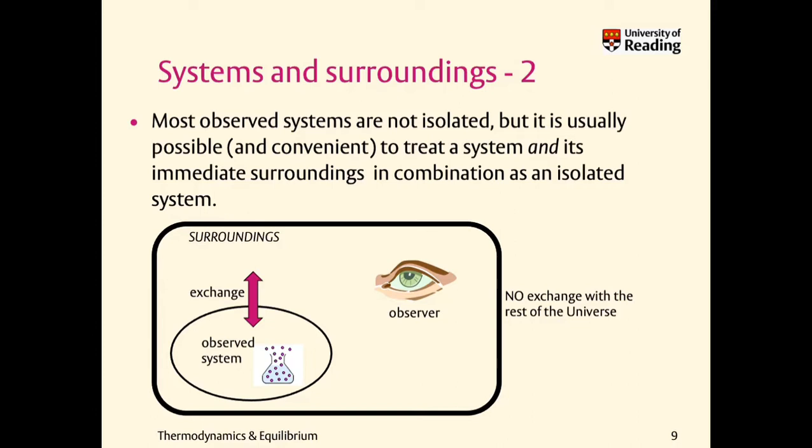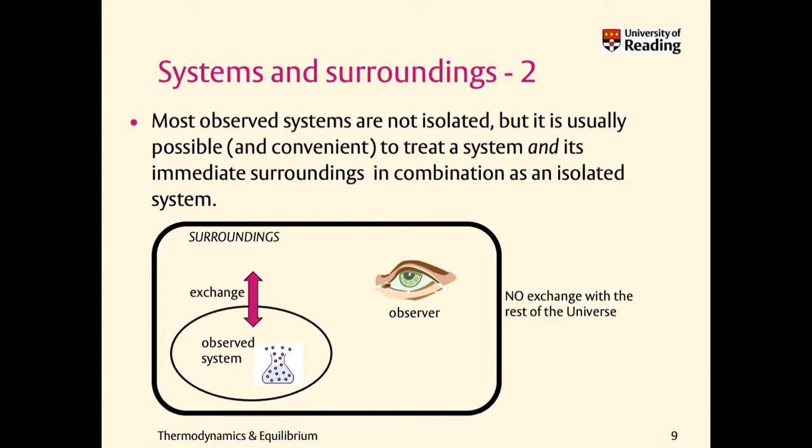Most observed systems are not actually isolated, as you know. When you think about an experiment that you would do in a laboratory, you know that that system isn't isolated, if you're thinking about the system as what is going on only in the flask.